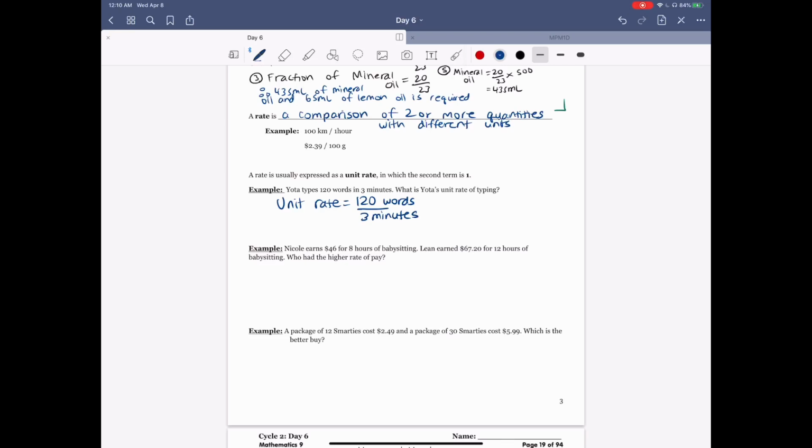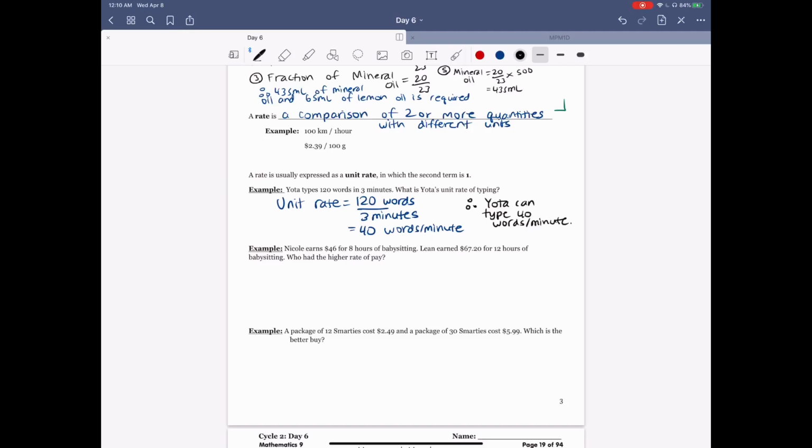Well, if you just literally put this in the calculator or you literally reduce it, because that line indicates to divide, 120 divided by 3 is equal to 40 words per minute. And therefore, because this is a word problem, you would say, therefore, Yota can type 40 words per minute.